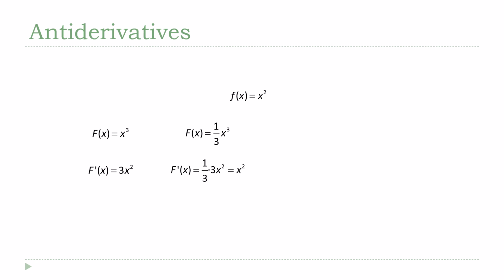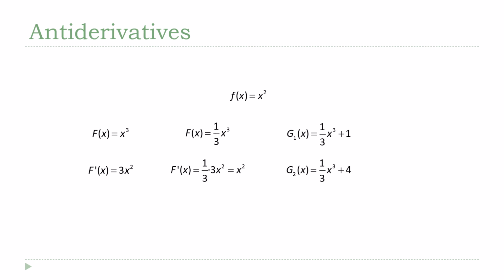That's the original function. This is looking good as an antiderivative. Now, if you're listening carefully there, notice I didn't say it's the antiderivative. I said it's an antiderivative. Because take a look at this function: 1/3 x cubed plus 1. The derivative of that is also x squared. Or for that matter, I could put any number I want at the end. I could add any constant, because the derivative of that constant is going to be 0, and we end up back with x squared.